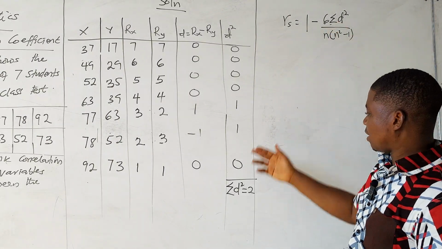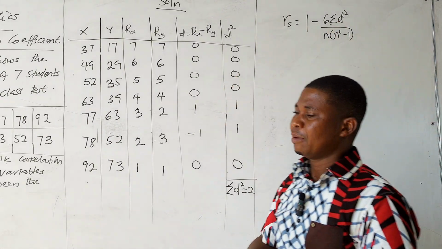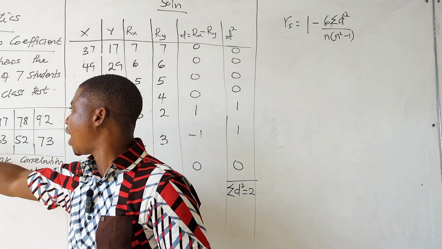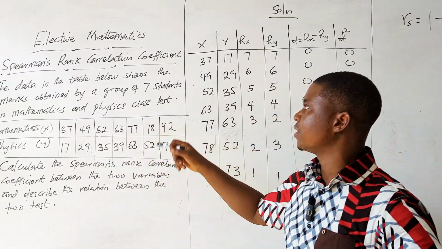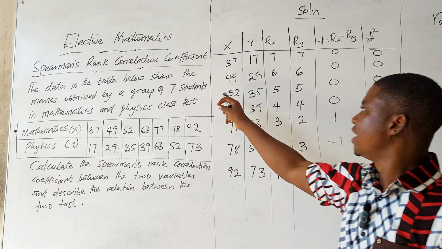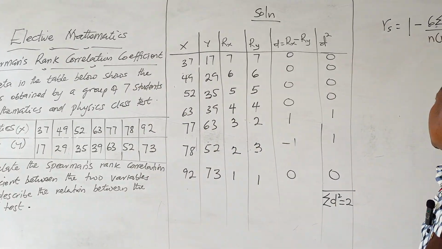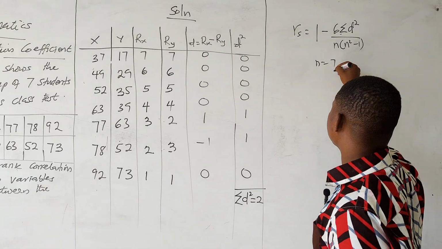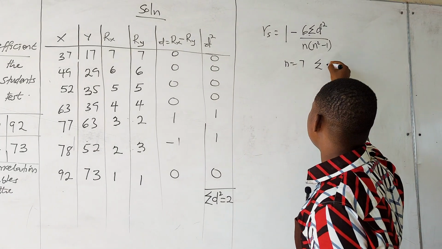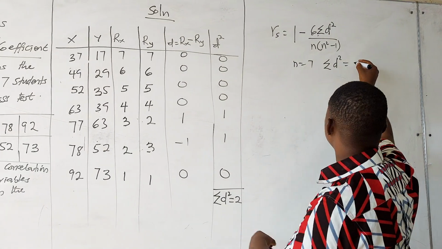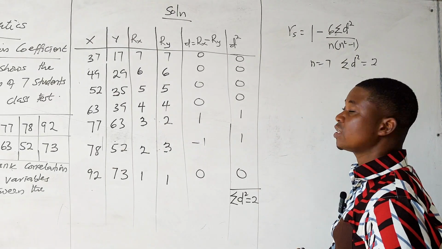So now we have our summation d squared and our n, the number of students: 1, 2, 3, 4, 5, 6, 7. So the n is 7 because it has already been stated that we have 7 students. So our n is equal to 7, and sigma d squared is equal to 2. So we substitute it into this formula.